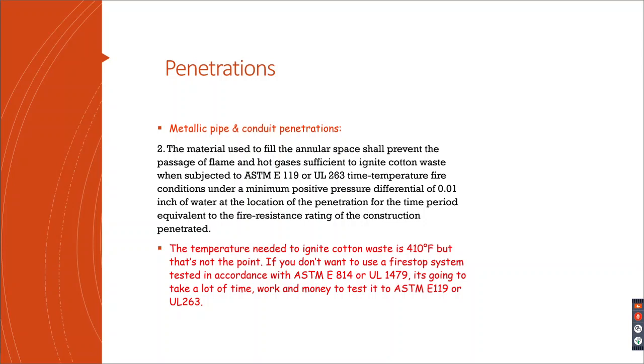So the section is saying, if you don't test it with the fire stopping standards, ASTM E814 or UL 1479, then it's going to have to be tested as part of the test that the assembly went through with those same materials in ASTM E119 or UL 263.